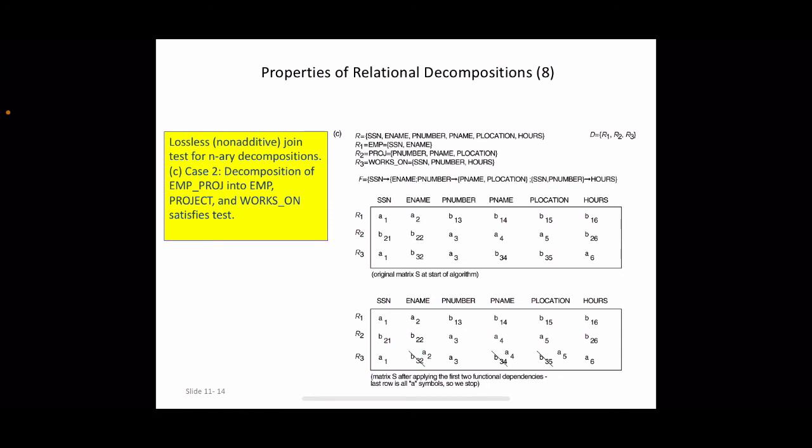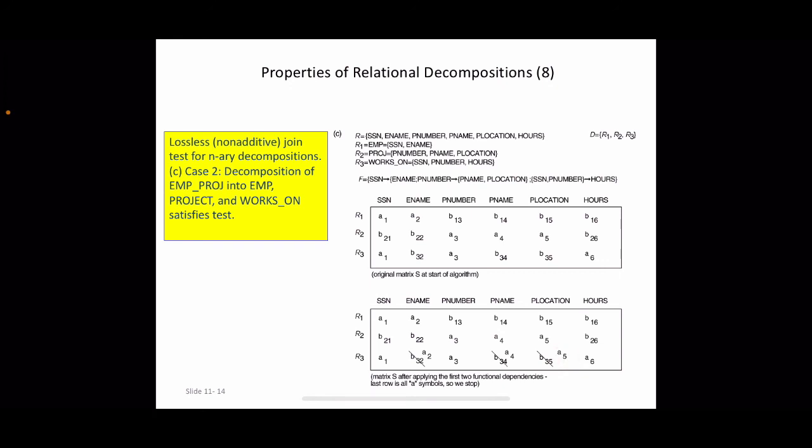Take the second dependency, P number determines P name and P location, and check whether any of these relations have the same X part. R2 and R3 have the same X part, that is P number, with the same value A3, right? So take their Y part. What is the Y part? P name, P location, right? So P name, P location is A4 and A5 for R2. A symbols are there. So change the corresponding Y part of R3 also to the same. So B34 will be changed into A4 and B35 will be changed into A5.